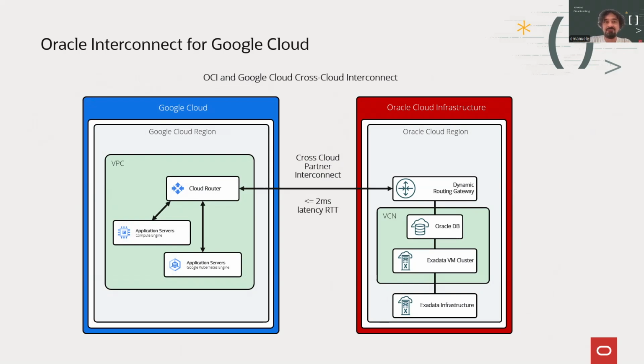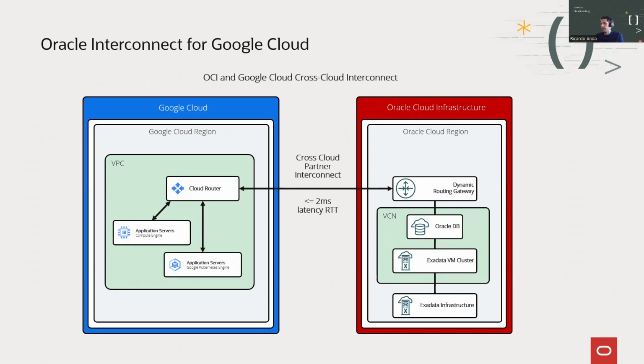Ricardo, if you want to chime in and explain the Oracle side. Yes, thank you. For the Oracle side, what we need is first the DRG, which is also a regional construct, so it's resilient in a region. This is where we will attach the FastConnect. The FastConnect is the private connection that we will use to reach, in this case, the Google Cloud region.